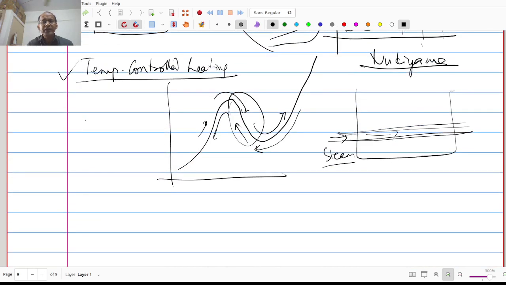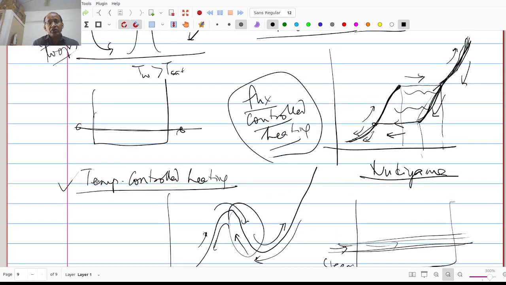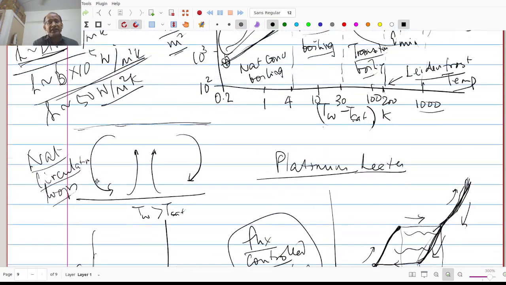Okay, so once we have understood the descriptive story of how the boiling happens in nucleate boiling and film boiling, and we also understood the regimes of natural convection and forced convection or mixed convection boilings, now we can look at the correlations that exist. So the correlations that exist can be divided, as I told you, in two parts.